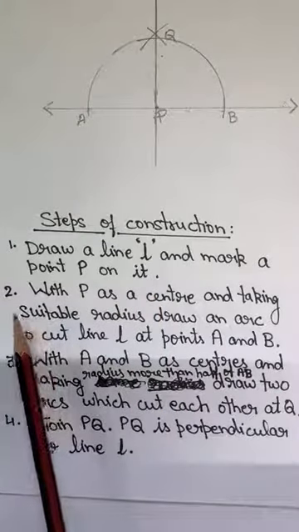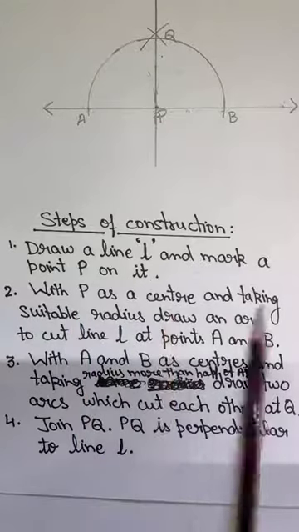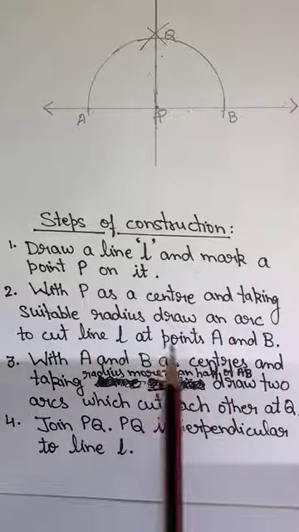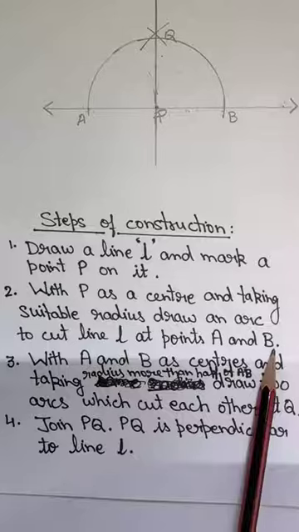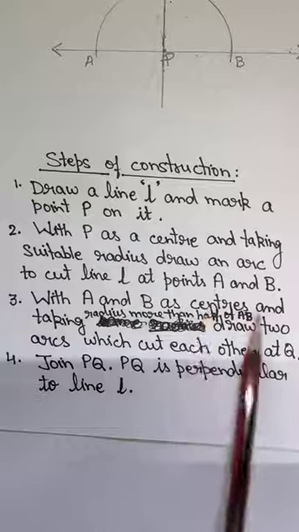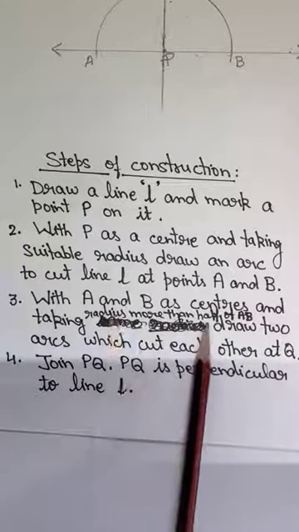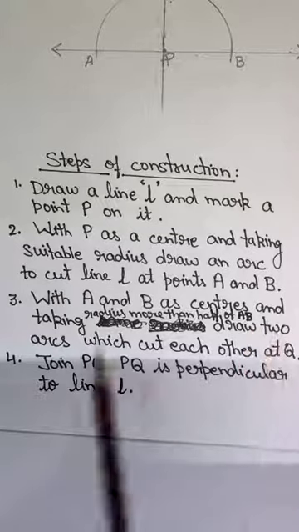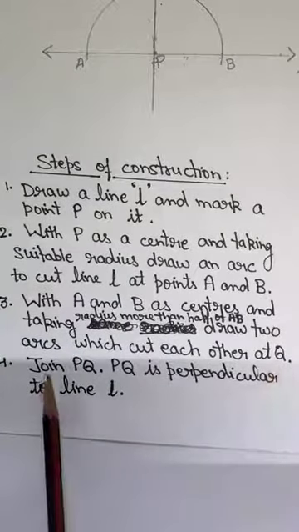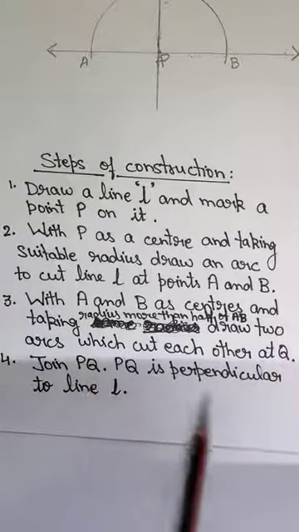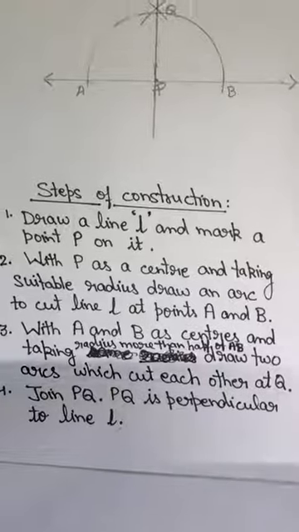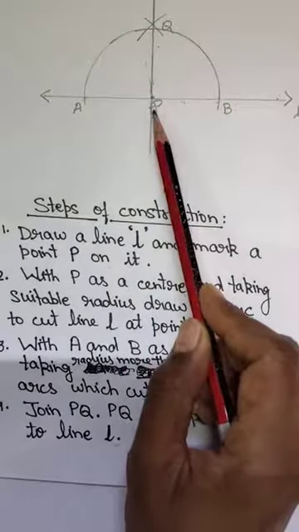Second, with P as a center and taking suitable radius, draw an arc to cut line L at points A and B. After that, with A and B as a center and taking radius more than half of AB, draw two arcs which cut each other at Q. Join PQ. PQ is perpendicular to line L. Okay, so this is the perpendicular when the point is given on the line.